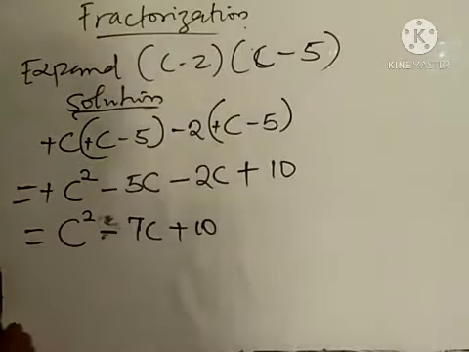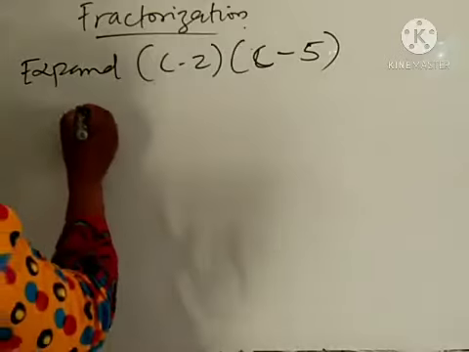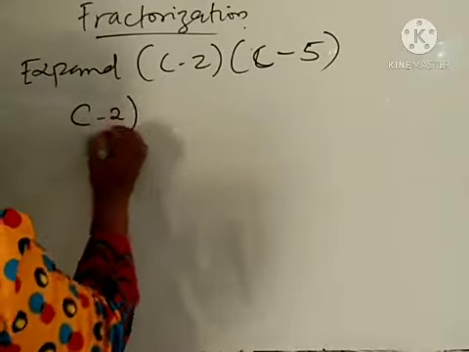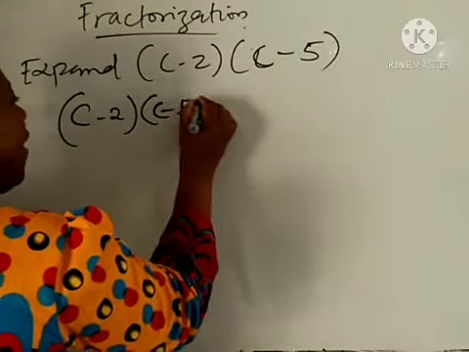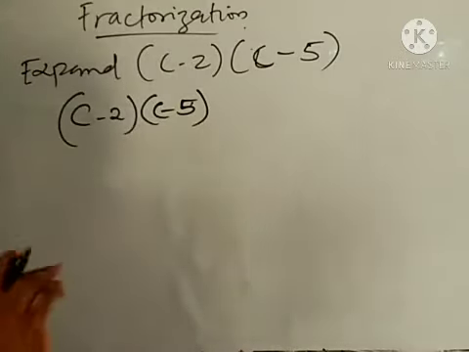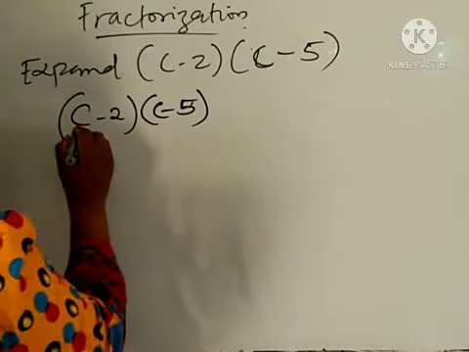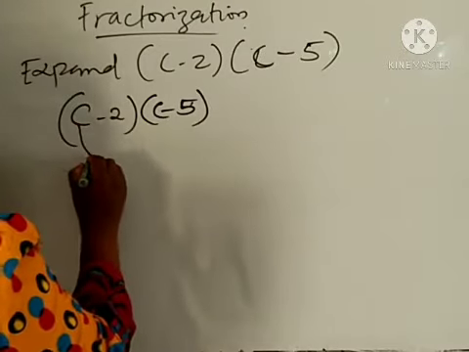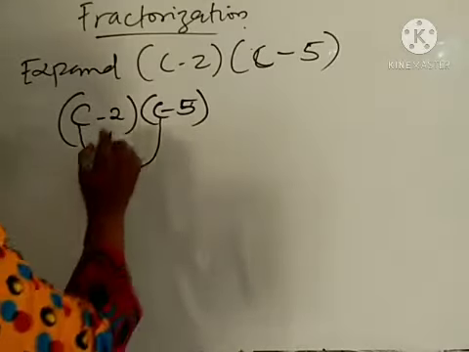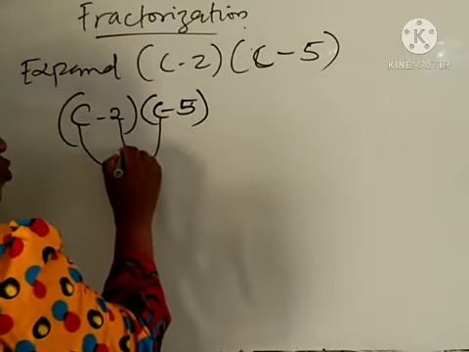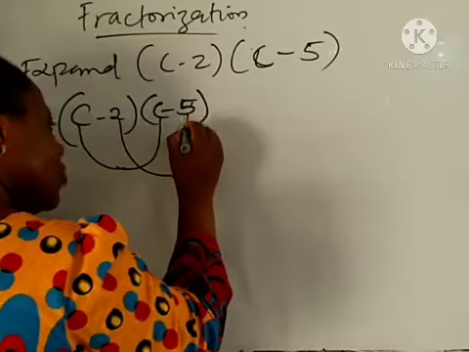So now you have (c - 2)(c - 5). Now for the shorter method, which is the direct method. The first one here, we multiply with the first one here. The second one, we also go and multiply with the second one.